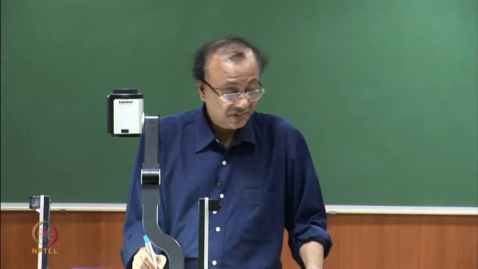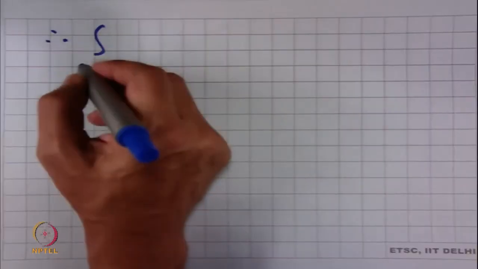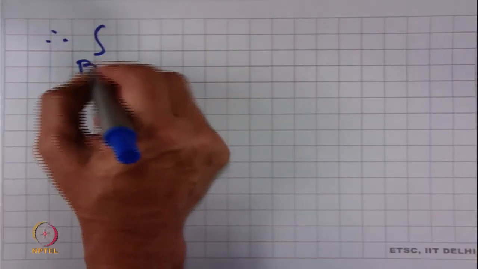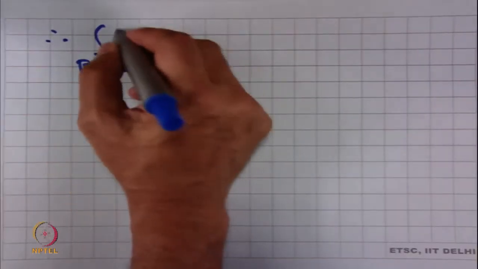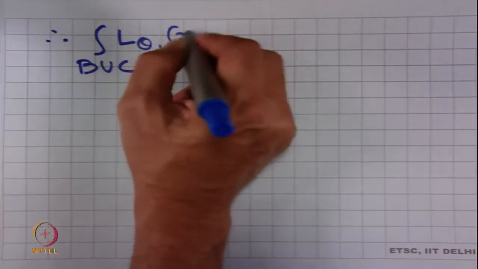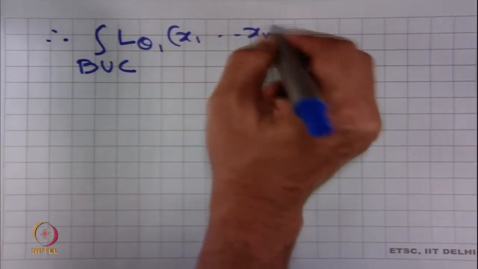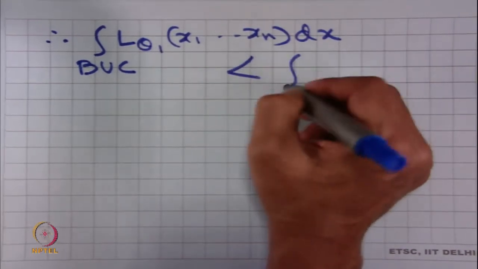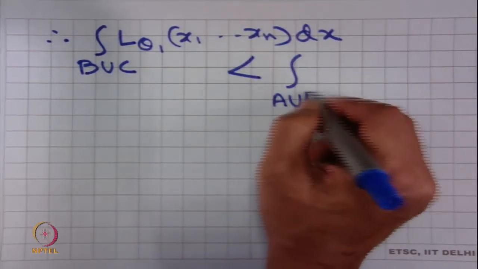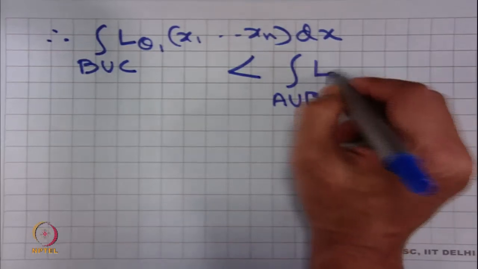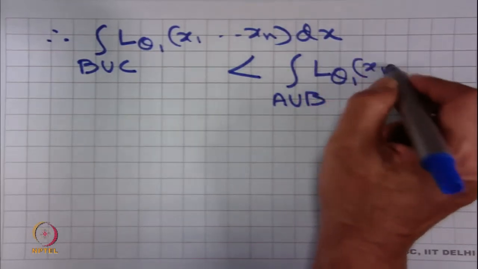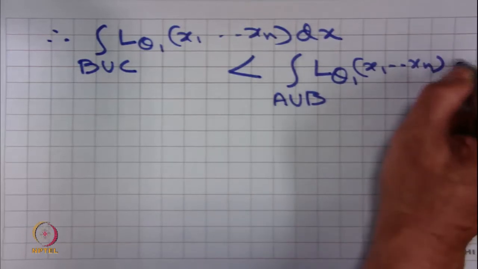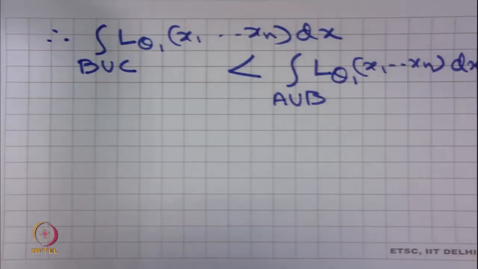Therefore, integration over B union C of L theta 1 of x1 x2 xn dx is less than integration over A union B of L theta 1 of x1 x2 xn dx.